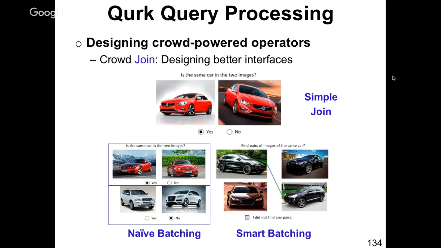And I would like to say that the most interesting part of Qurk could be its query optimization techniques by introducing better interfaces. Here are some examples for crowd join.